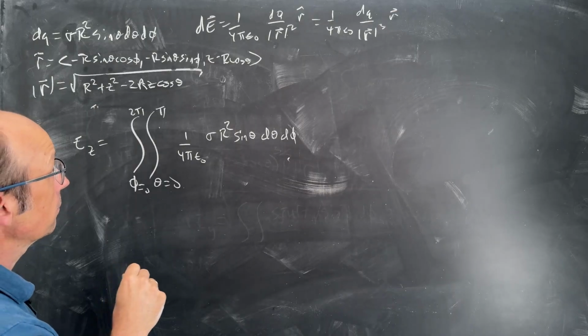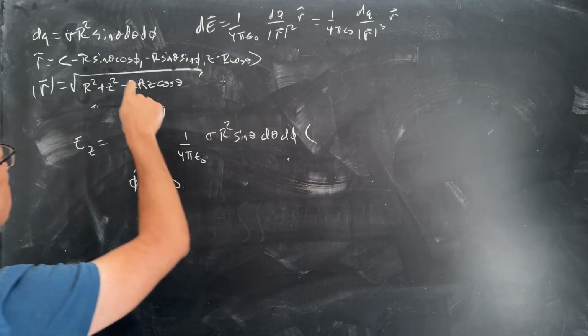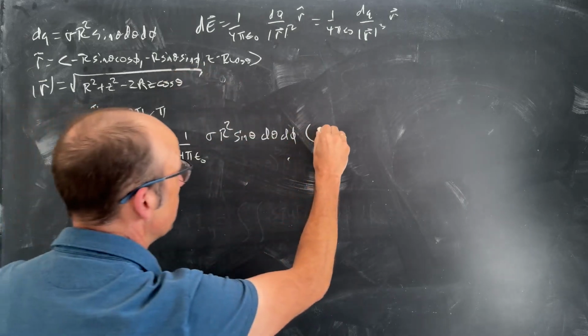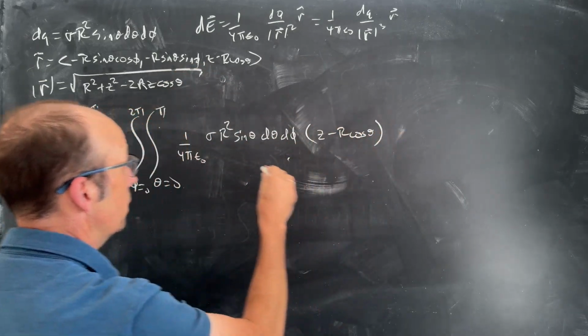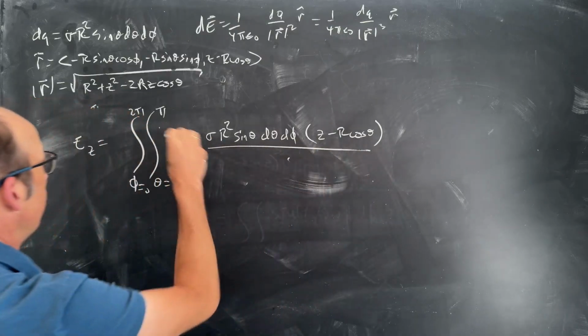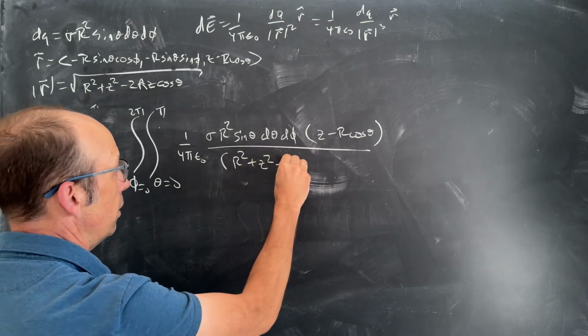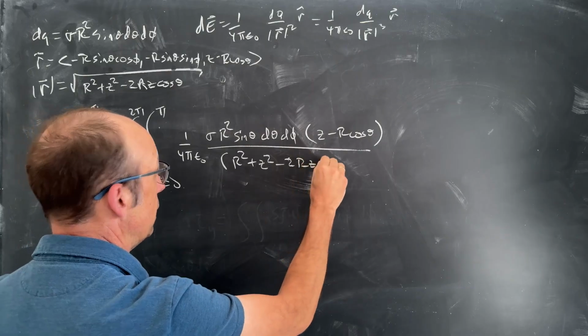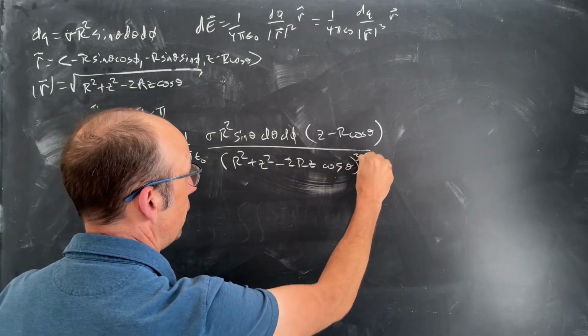And then I have the z component of the separation vector, which is z minus r cosine theta. And then I'm going to divide that by the same thing as before, r squared plus z squared minus 2rz cosine theta to the 3 halves.